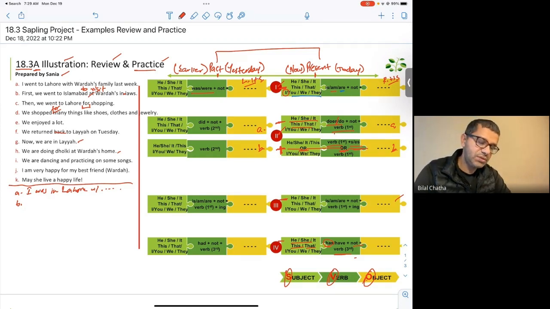So here, if you have the same preposition, then you put it after and. If you have a different preposition, you put it before. We are dancing on some songs. We are practicing some songs. I think you should have the preposition here. We have not covered this concept, but we will in one of the future lessons. As we do more practice, more of these will come up and we will correct them.